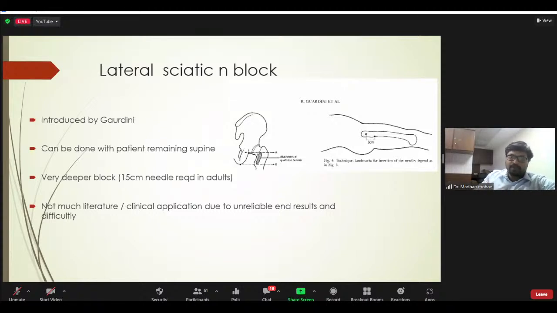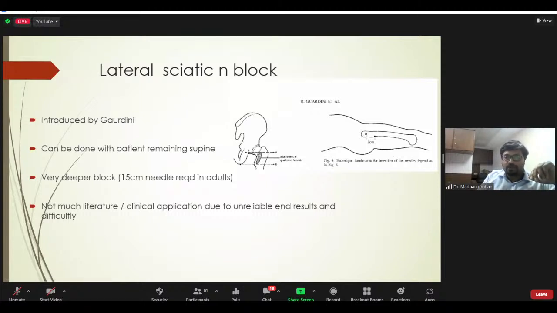Just for completion's sake, I'm going to tell the lateral sciatic nerve block, which is not being practiced frequently. It was introduced by Guardini in the 1990s, where he put the patient in supine and palpated the greater trochanter, 3 centimeter distal and posteriorly. He marked this needle entry point and went all the way towards the medial side from the lateral side.